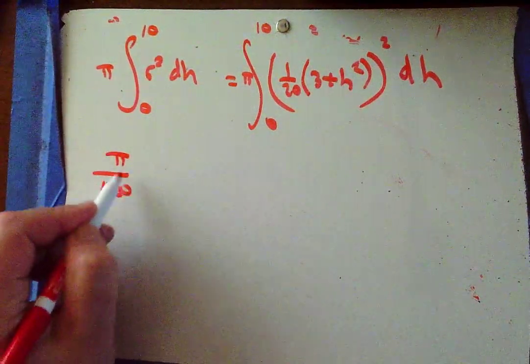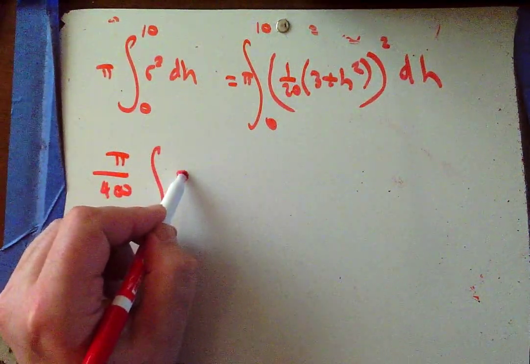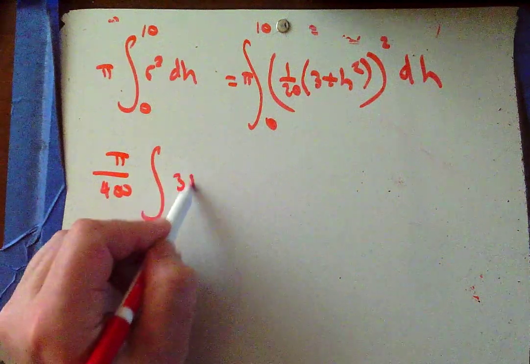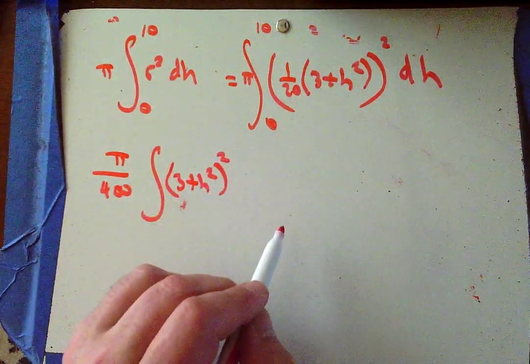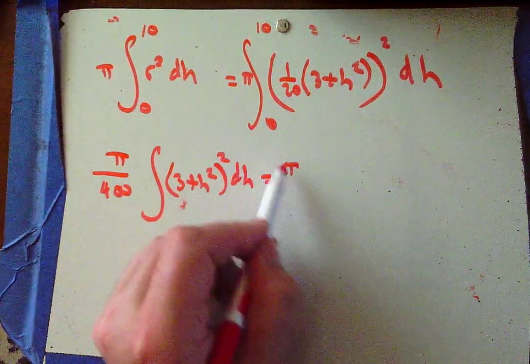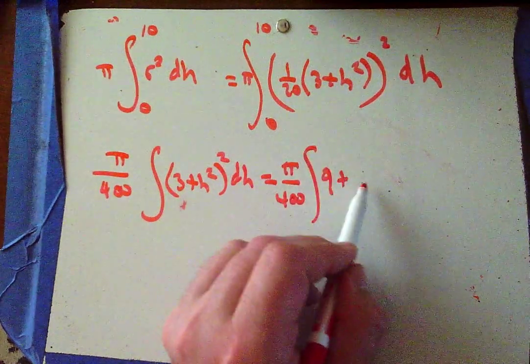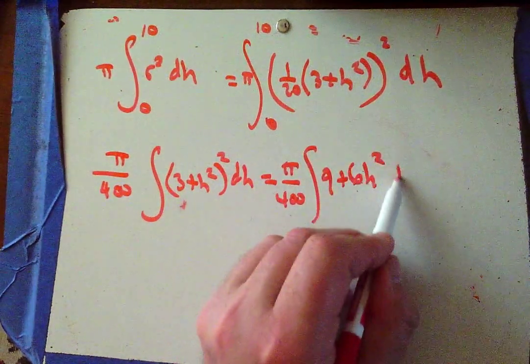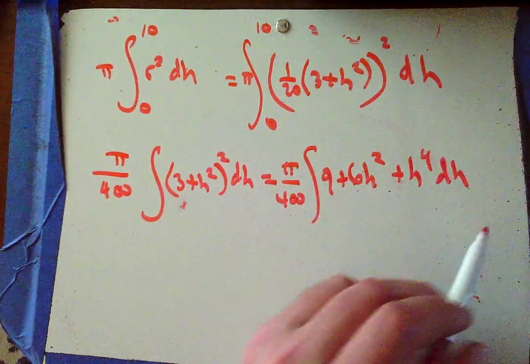So we have pi over 400, 3 plus h squared, dh. So that's pi over 400 integral 9 plus 6h squared plus h to the 4th dh.